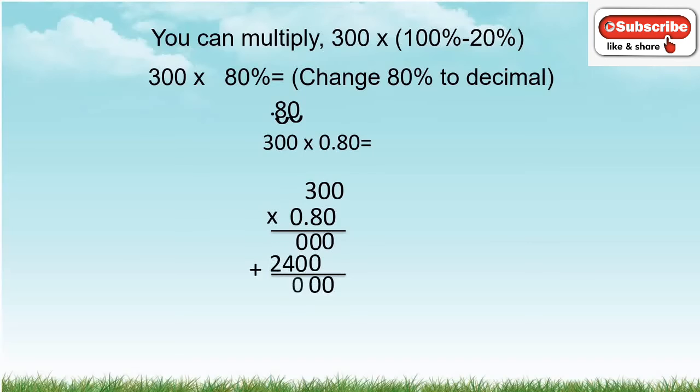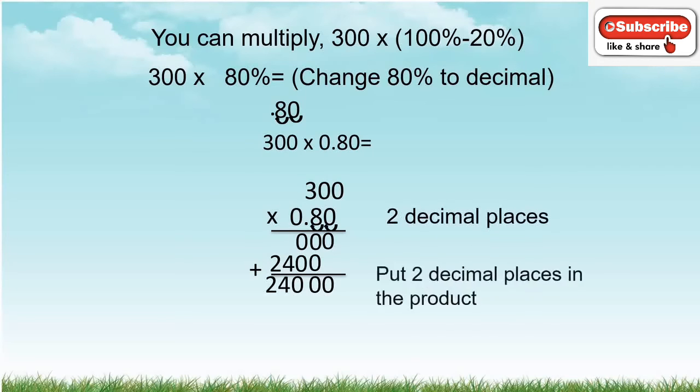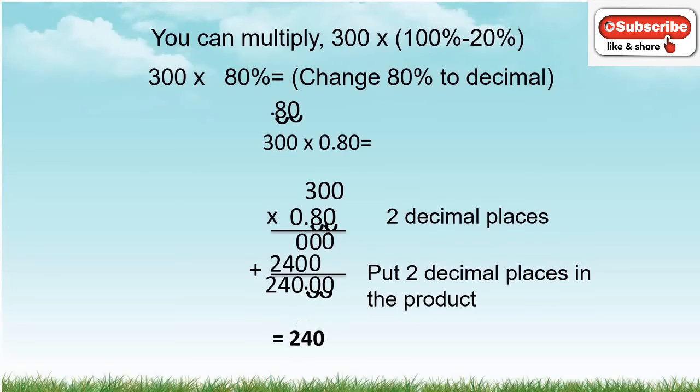Then bring down 4 and 2. Count the decimal places in the factor. We have 2 decimal places. Then put 2 decimal places in the product and indicate the decimal point. So the answer is 240.